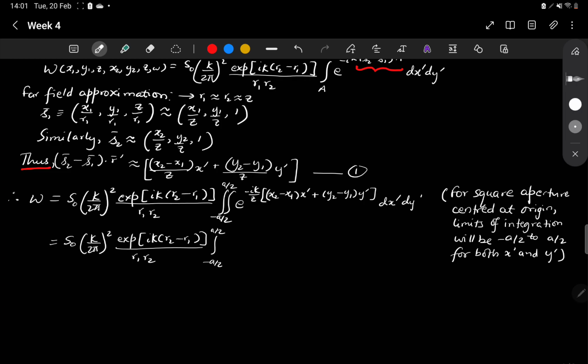Now we can separate the x prime and y prime integrals because they are in the separable form.